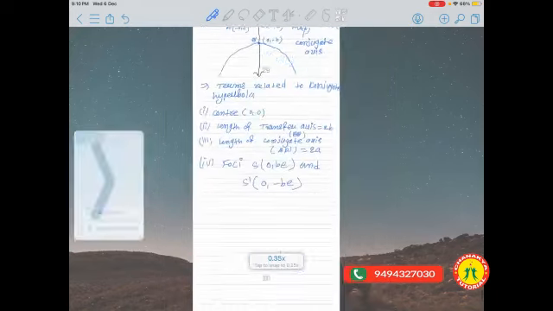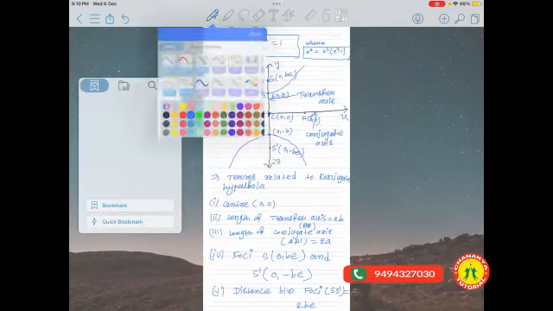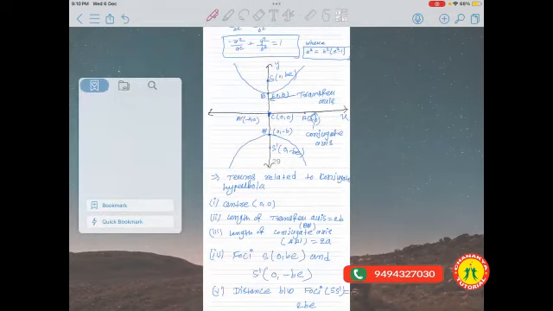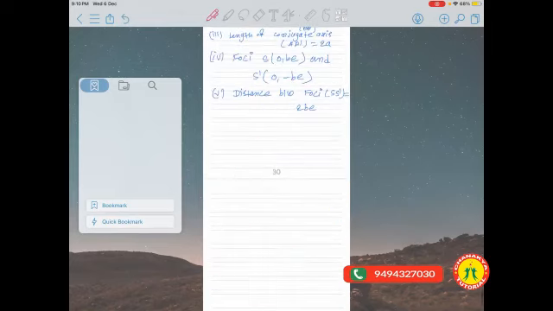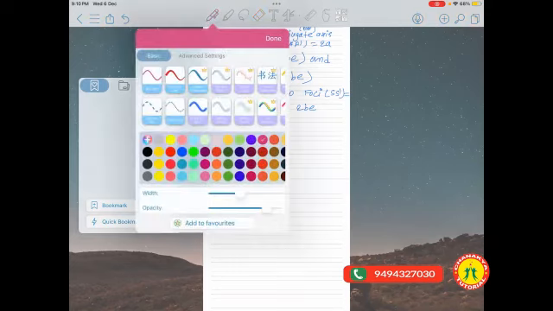Now see the directrix. These are the directrices. The equations of the directrices are y is equal to b by e and y is equal to minus b by e.